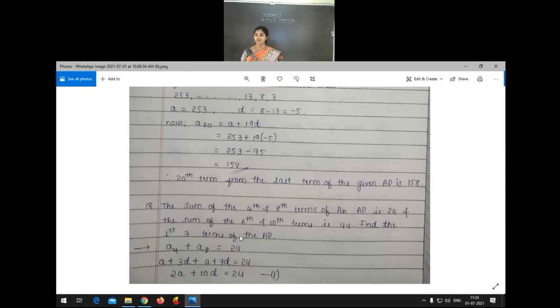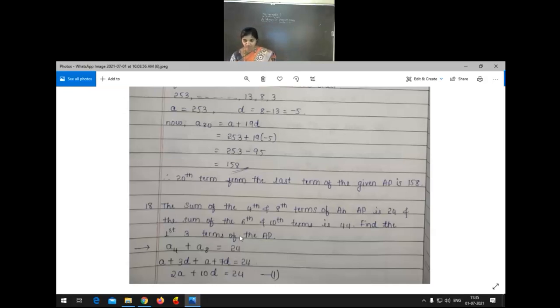So here also we have to write the first 3 terms of the AP in the sense A, A plus D, A plus 2D we have to write. For that what we have to find out actually? A we have to work out and D we have to work out. How to find out A and D? For that we have to use these given conditions. Two conditions are there. Why two conditions?